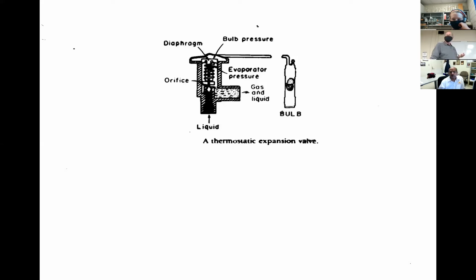Basically, you're sensing the temperature of your liquid as it flows, or your vapor as it flows out, and that allows more or less into the system, kind of like setting the dial on your refrigerator. So there are a lot of different ways of basically taking liquid and allowing it to get to a point where it can take up the heat from the room in the evaporator.